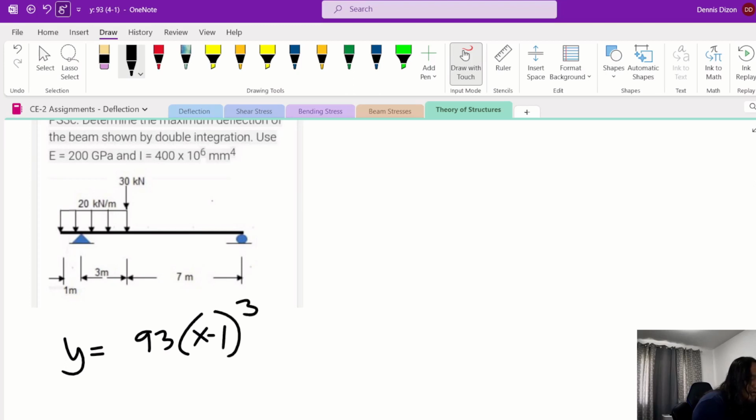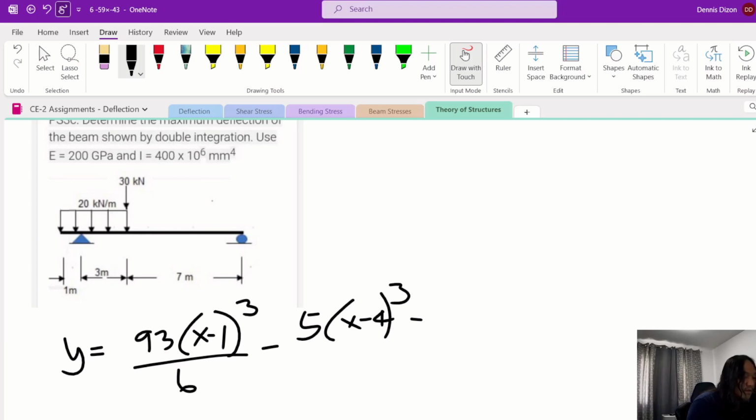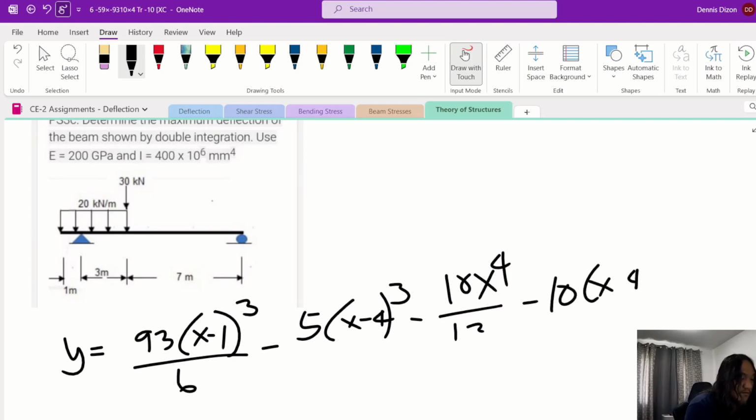x minus 1 cubed over 2 times 3 is 6, and then minus 5 times x minus 4 cubed, and then minus 10x to the 4th over 12, and then minus 10 times x minus 4 to the 4th over 12.